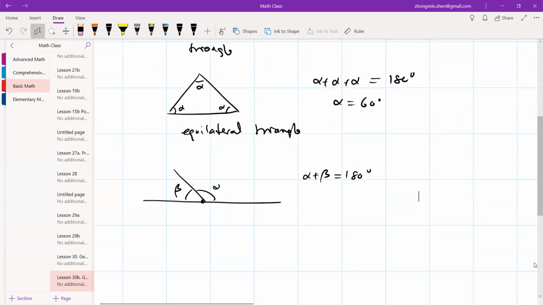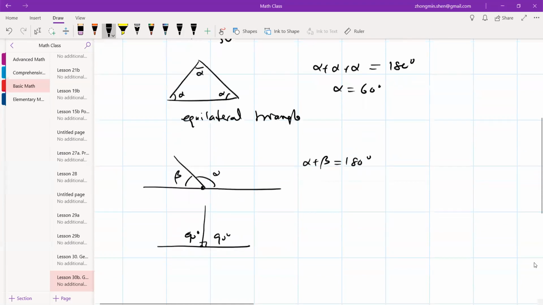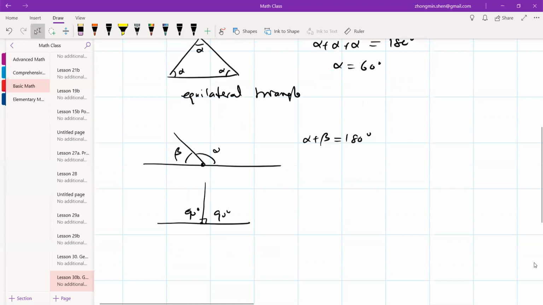So 90 degrees means that both sides are going to be 90 degrees. 90 plus 90 is going to be 180 degrees. So we have a quick review on this.